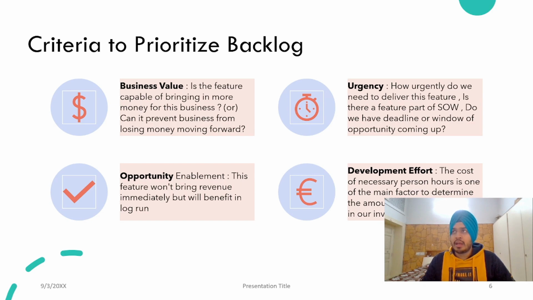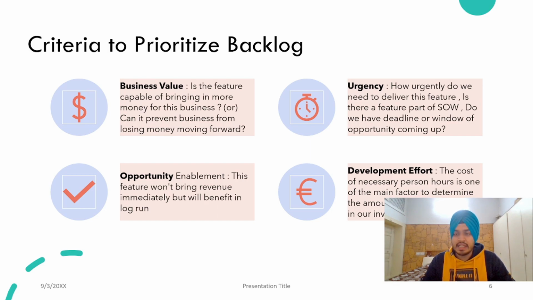Suppose the client wants to start his website and start earning money, and there is also a requirement to redesign the UX so that it looks good. But redesigning the UX cannot get much more money because the site wouldn't be ready. Firstly, we have to add the paying capabilities such as internet banking or UPI or any other payments. So in this way, we have to think about the business value criteria.